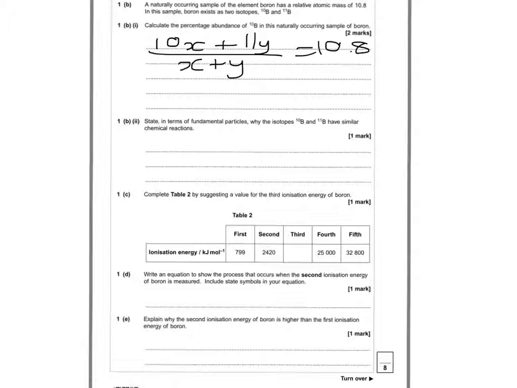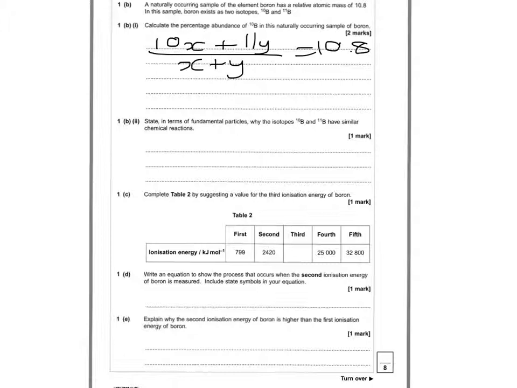And what you're seeing here is that the abundances, we don't know what they are, but we know that whatever you times 10 by and what you times 11 by, if you add those together, that will equal 10.8. Another way of looking at it is thinking, okay, so if there was an equal amount, 50% boron 10, 50% boron 11, then the relative atomic mass would be 10.5, it would be dead in the middle.